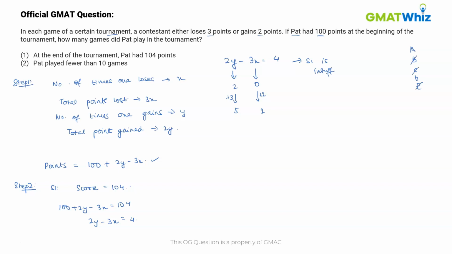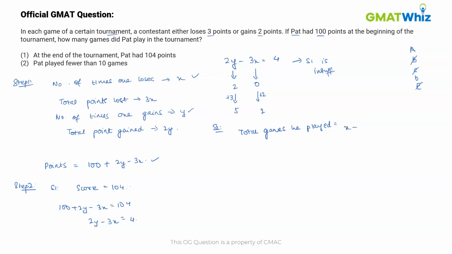We now check the sufficiency of statement 2. Now in statement 2, we have that Pat played fewer than 10 games. So the total number of games that he played, what would that be? That would be equal to the games he lost and the number of games that he won.